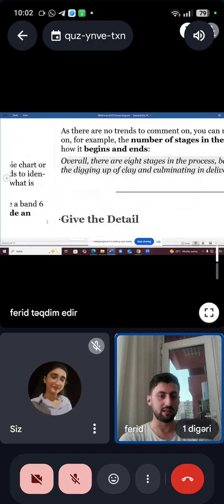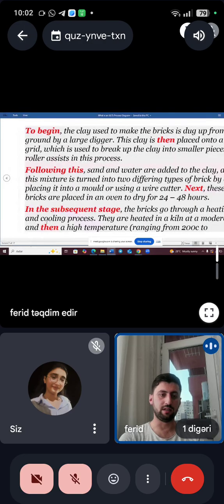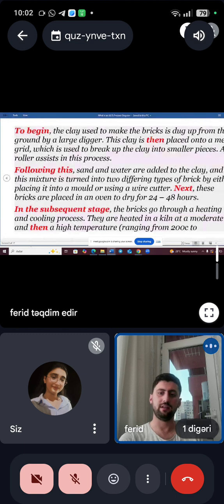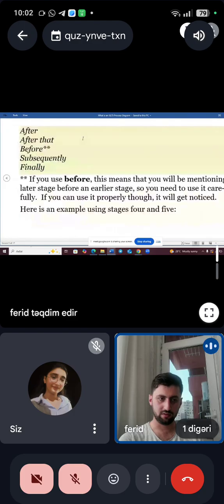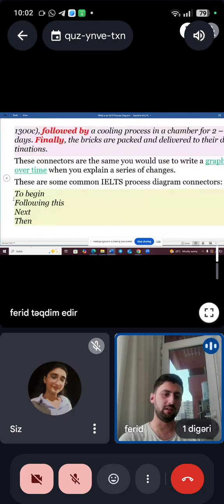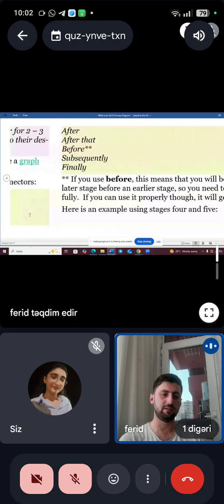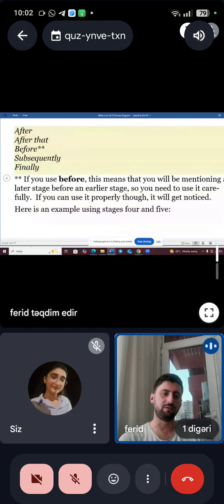For example, to begin with, then, following this, next, in the subsequent stage, then, after that, afterwards, followed by, finally. Okay, so you must use to begin with, to begin, following this, then, next, after that.